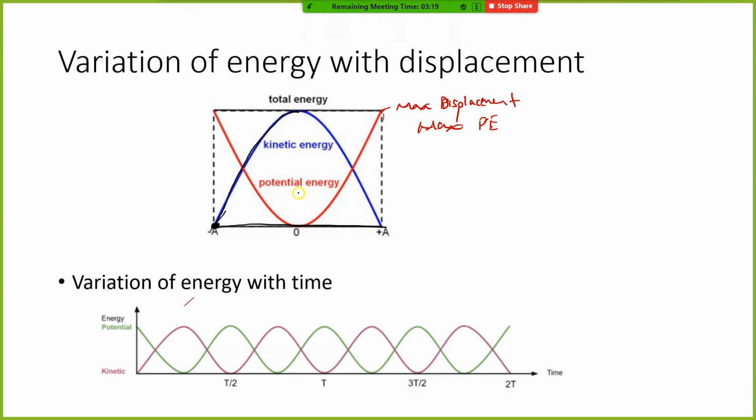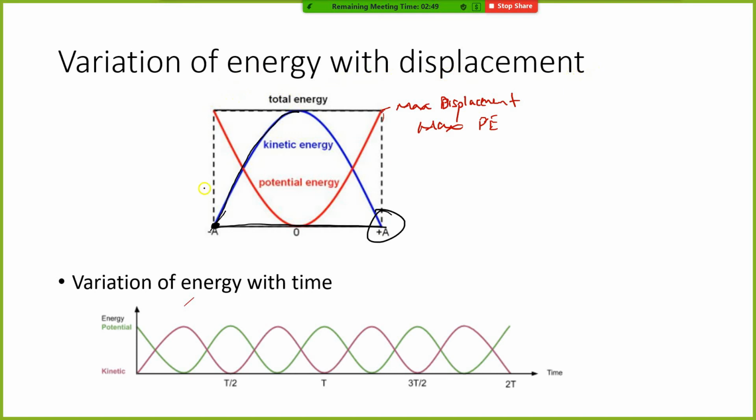Sorry about that. All right, so we're just looking at the energy profile a while ago. I think the last thing I was saying was that when we're at maximum displacement, you would have maximum potential energy. But as you can see on the graph, that is when my kinetic energy is at its lowest. So we ought to be able to describe this graph, and it just speaks to the variation with displacement.